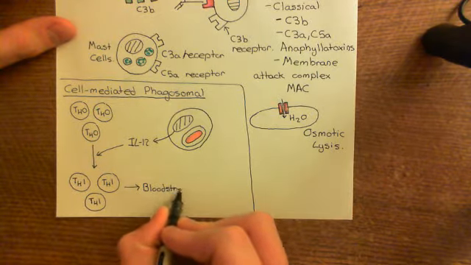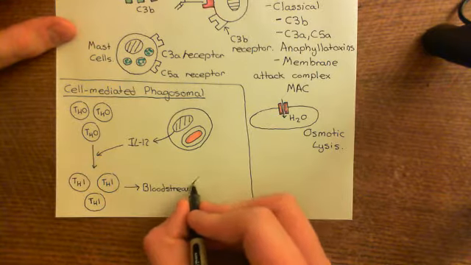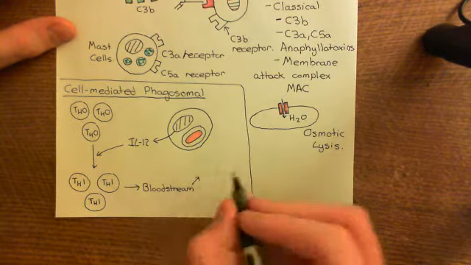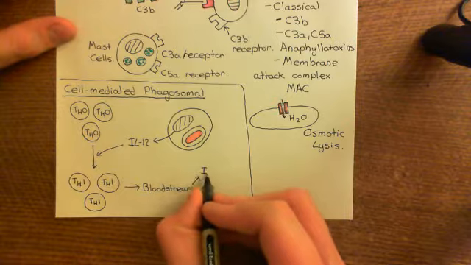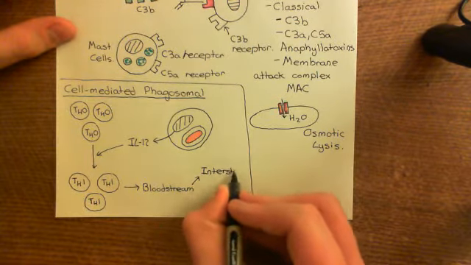So they'll be recruited by the endothelial cells of the blood vessels in the site of infection, and they'll end up in the interstitial fluid at the site of infection. So they end up in the interstitial fluid near these macrophages.